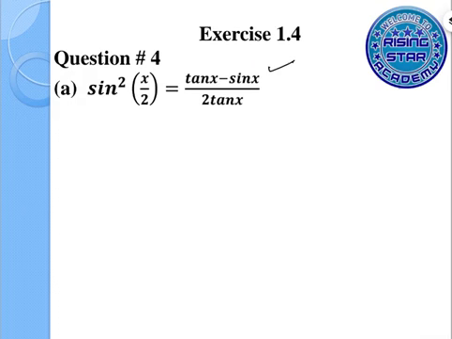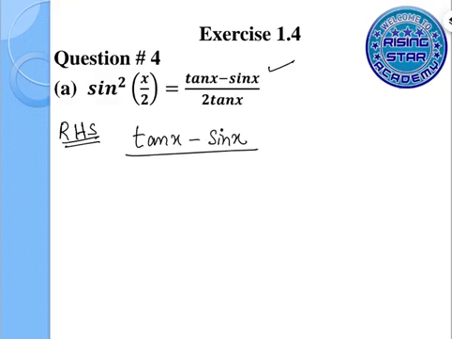So let me write that as tan of x minus sine of x over 2 times tan of x. Now we know that tan of x is equal to sine x divided by cos x. So I will replace the tan x with these two.